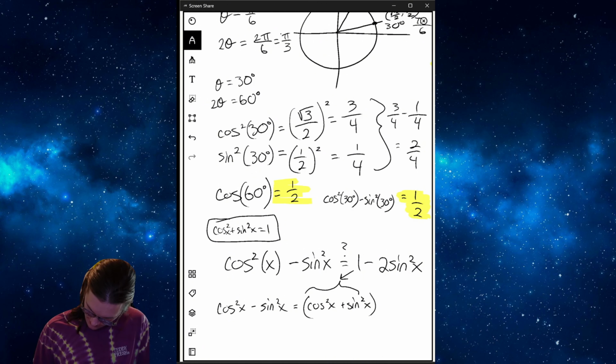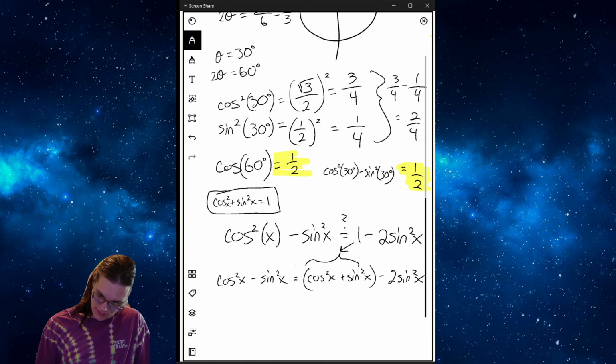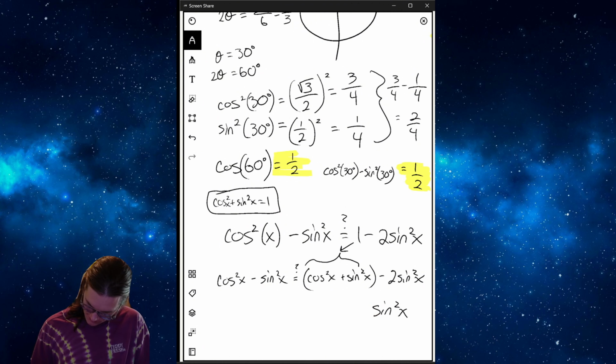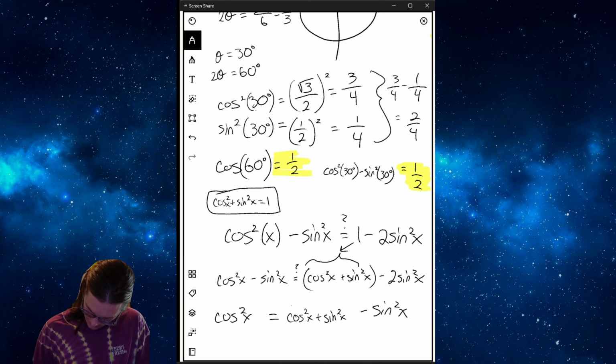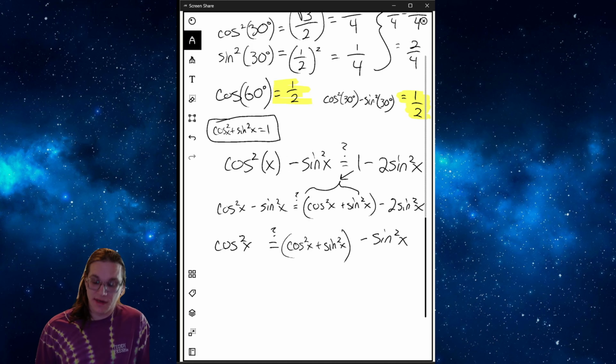That's why I did that. And minus 2 sin²x. Okay, we still want to know, is this true? Well, I'm going to take this minus sin²x and add it to this side, which will result in a single, sorry, a single negative sin²x. And that'll leave us with this: cos²x plus sin²x minus sin²x. Okay, is this true? Well, it's starting to come together, right?